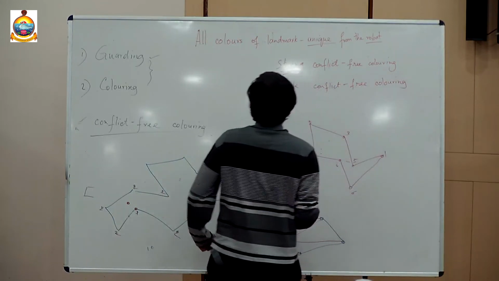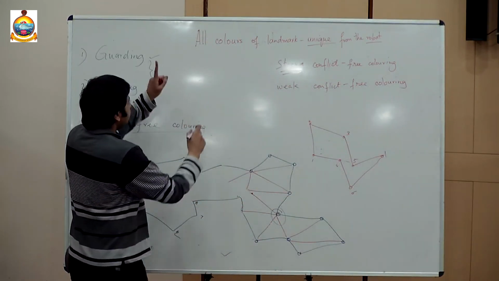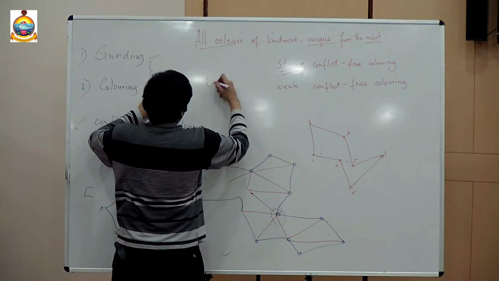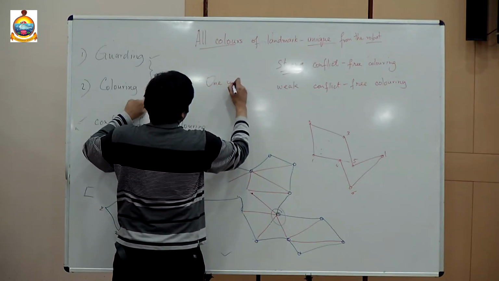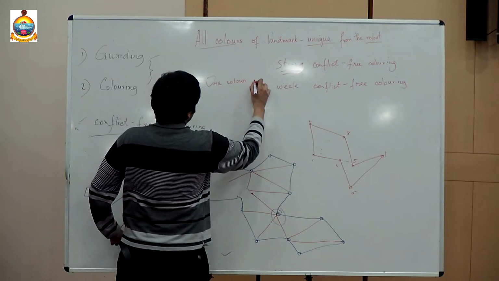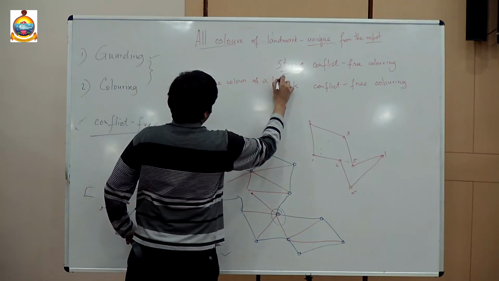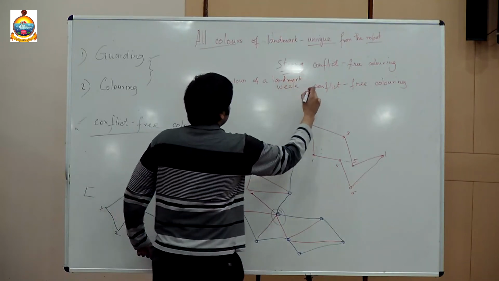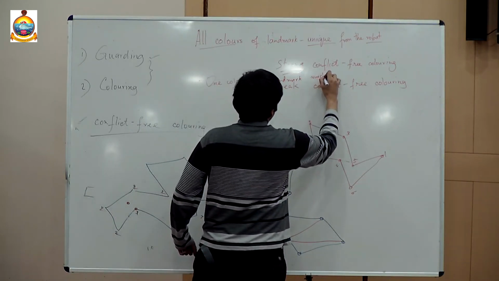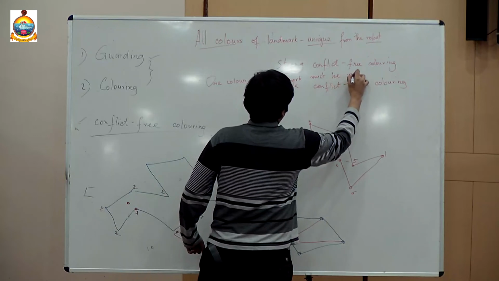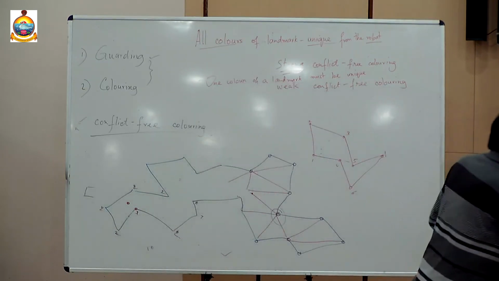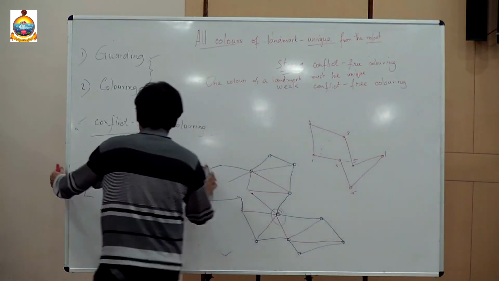It's something new to many people, and the difference is that only one color of a landmark must be unique. So let's see an example where this is pronounced very nicely.